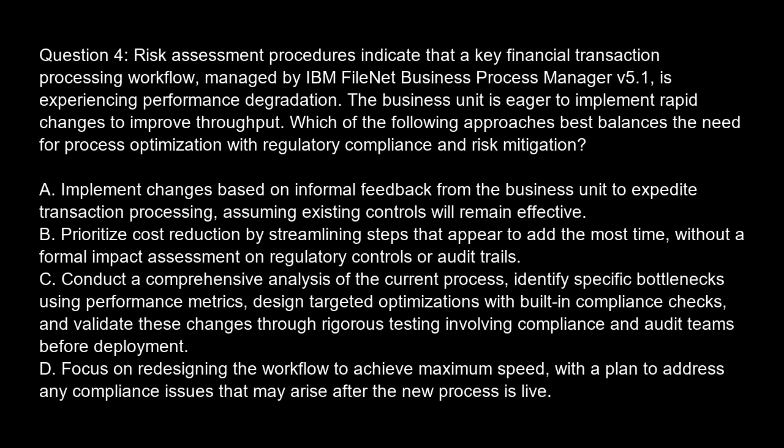Identify specific bottlenecks using performance metrics, design targeted optimizations with built-in compliance checks, and validate these changes through rigorous testing involving compliance and audit teams before deployment. Option D. Focus on redesigning the workflow to achieve maximum speed, with a plan to address any compliance issues that may arise after the new process is live.